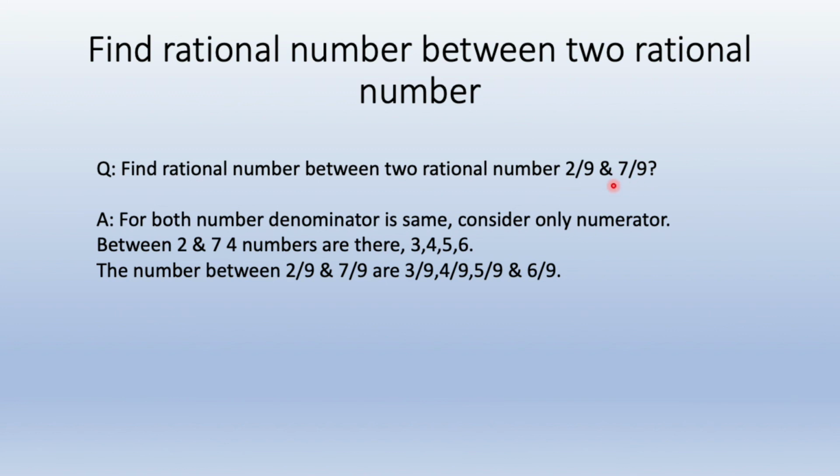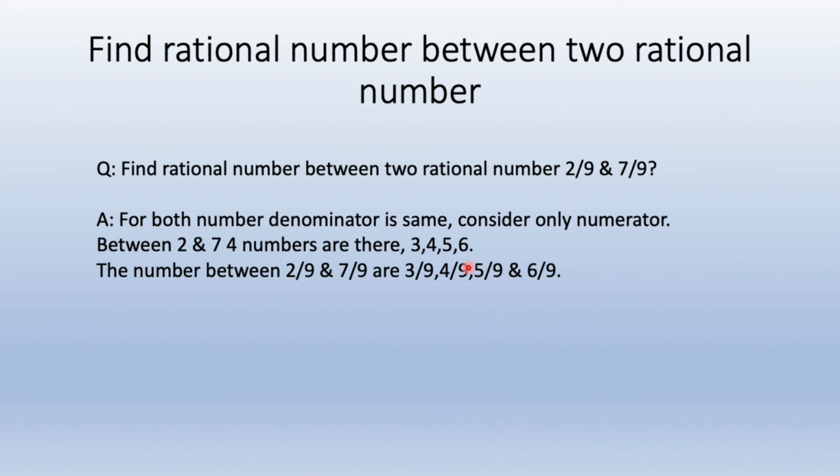For these two numbers we can see the denominator is the same, 9. So just consider only the numerator part. The numerators are 2 and 7. Between 2 and 7 there are 4 numbers: 3, 4, 5, 6.